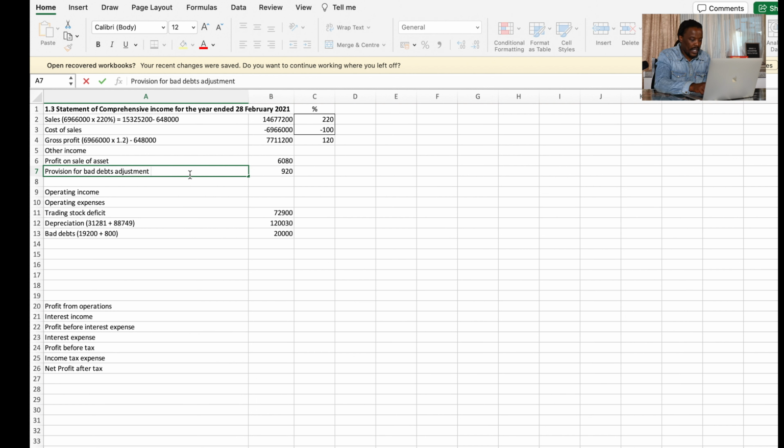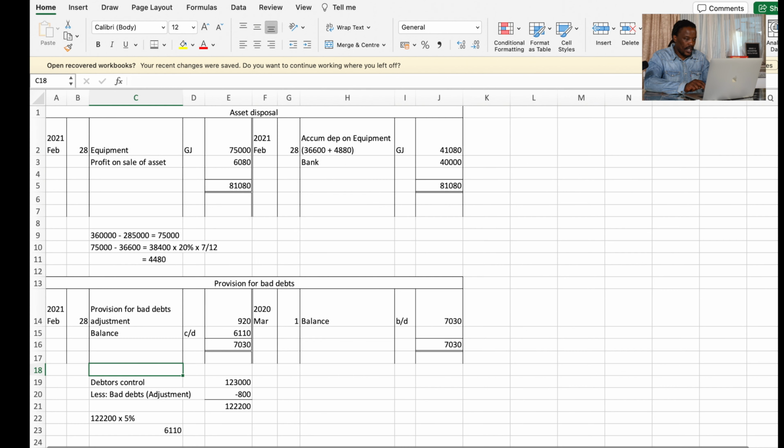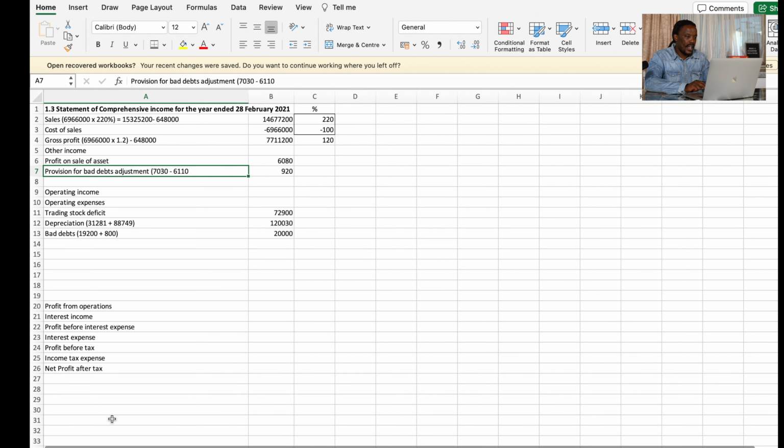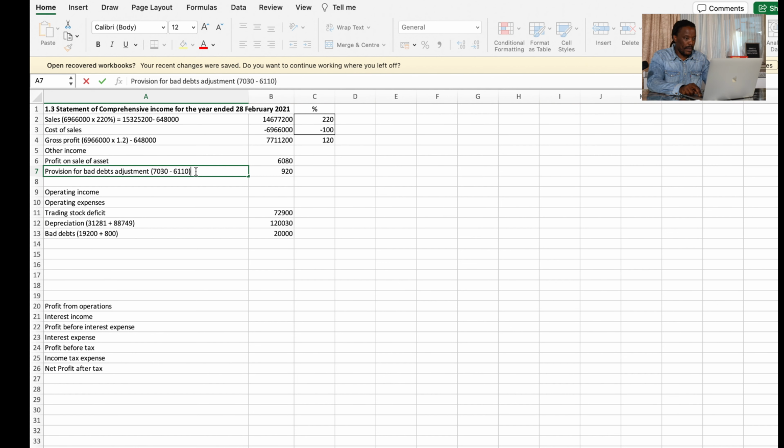And in this provision for bad debts adjustment, to get this 6,110 sometimes becomes difficult. Because that 6,110, you must always remember, before you can use the percentage of the provision for bad debts, you look at whether or not there were bad debts or bad debts recovered. Very, very important to collect maximum marks.